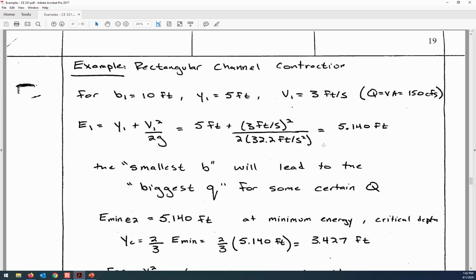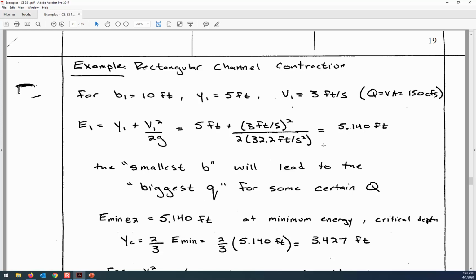And so if we're making B so small that it's right on the verge of choking, that's going to force critical flow at location 2. For the narrowest channel that can accommodate the flow, the water has to be as efficient as possible, and critical flow conditions are the most hydraulically efficient way to get water through some obstruction.